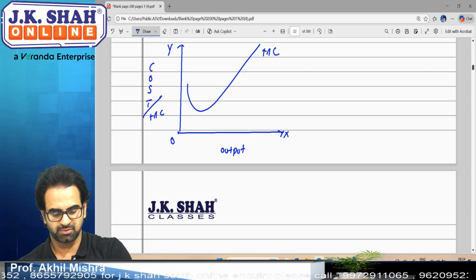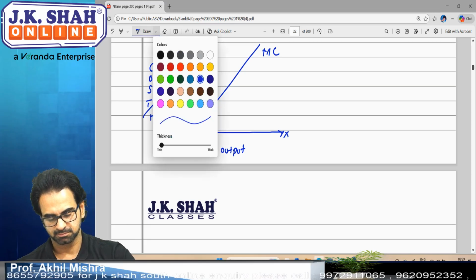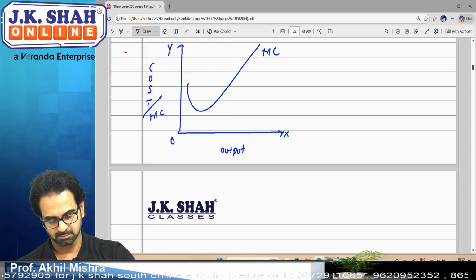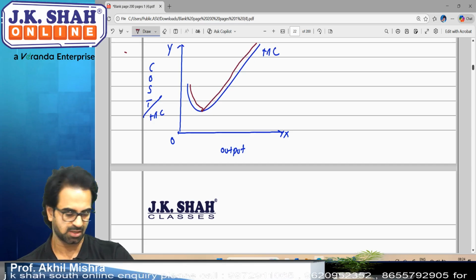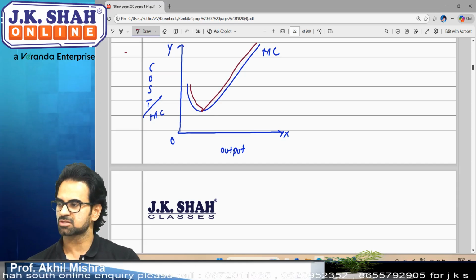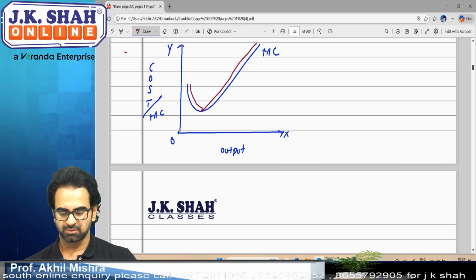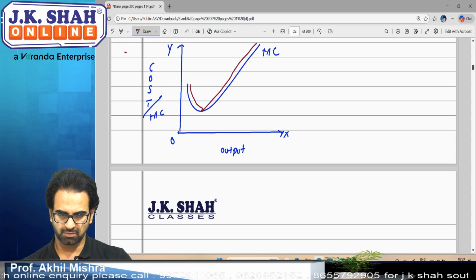You can name it MC if you want. In this area, a very sharp fall, and again a very sharp rise. Marginal cost first falls very fast and then rises very fast.